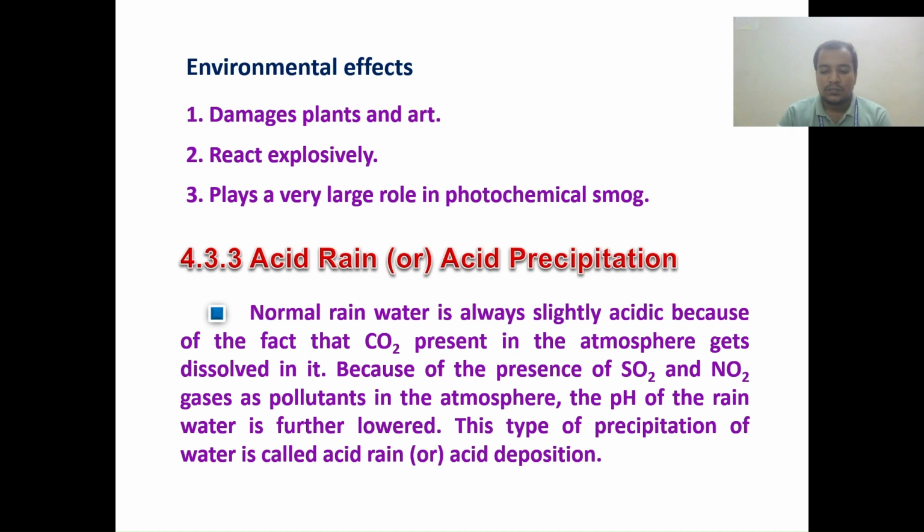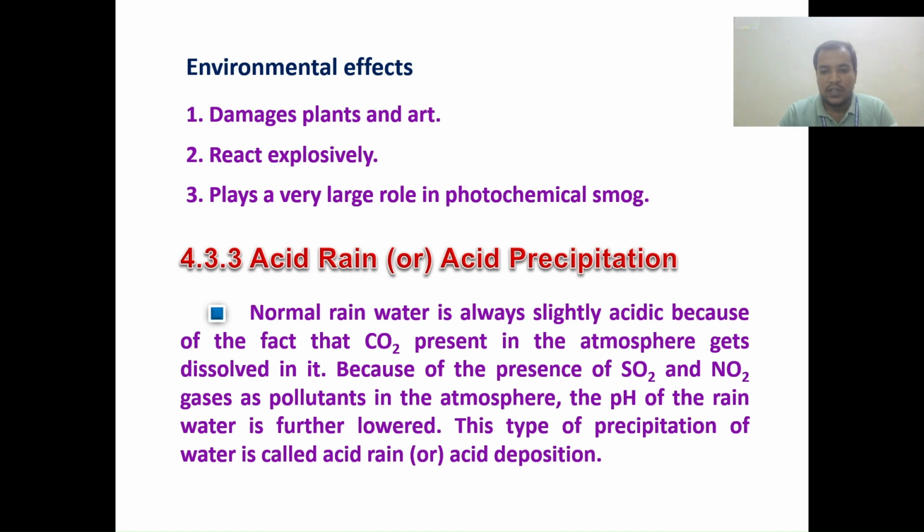And acid rain. We already know about acid rain. Normal rainwater is always slightly acidic because carbon dioxide present in the atmosphere gets dissolved in it.